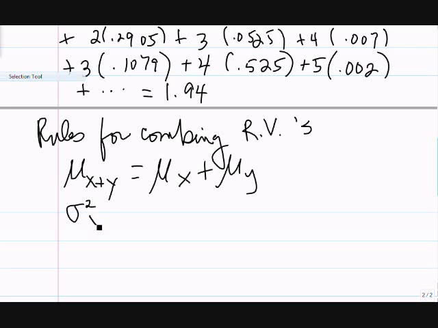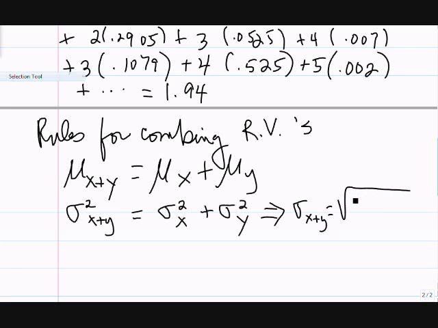The variance of the two random variables summed is the variance of each summed. Therefore, the standard deviation for the sum variables will be the square root of the sum of the variances.